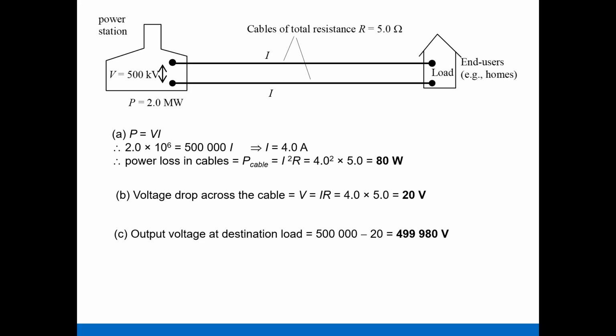Which one do you use? The answer is you should use the 20. If you're going to use V squared over R, you must use the V across the cables. But because there are 3 different V's, to help you think through this concept, I just say use I squared R. It's so much faster.